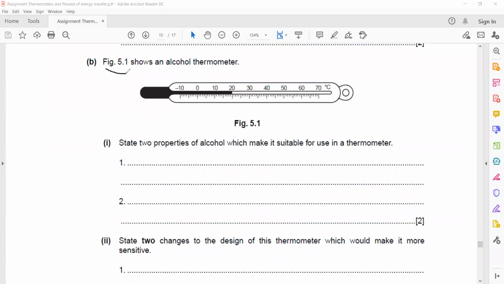Figure 5.1 shows an alcohol thermometer. There's alcohol inside the bulb. State 2 properties of alcohol which make it suitable for use in a thermometer. Why do we use alcohol in a thermometer?